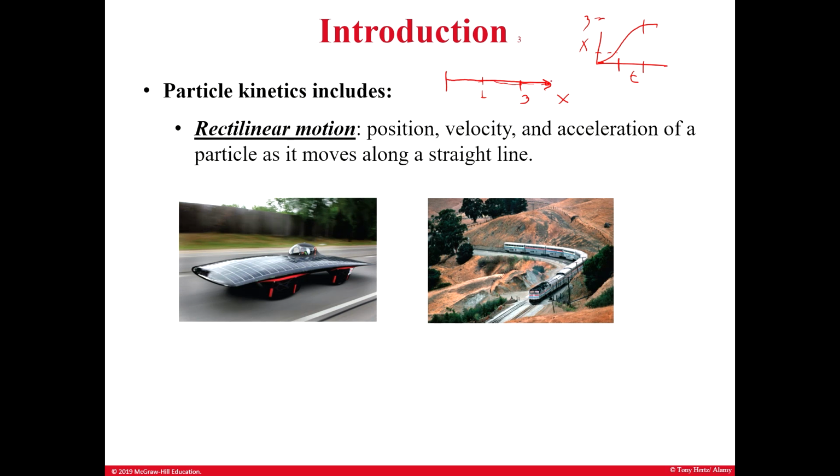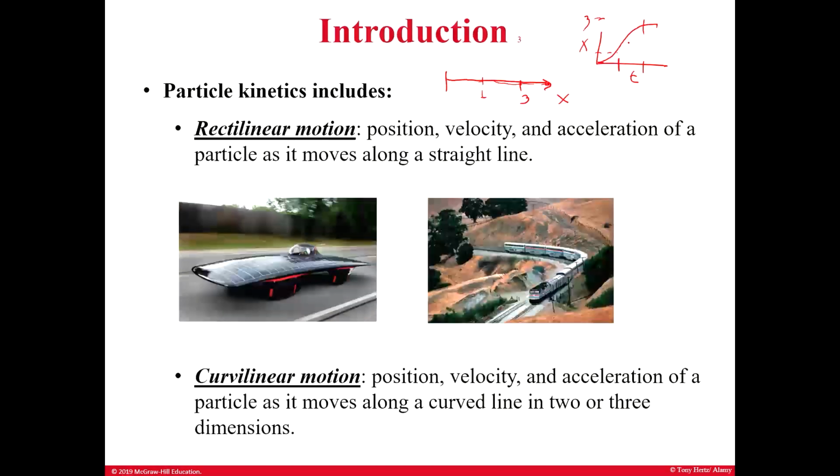So the path is linear, it's a straight line, but the way that happens doesn't have to be a straight line. Okay, and that's the function itself. Versus curvilinear motion, which is motion where the position, velocity, and acceleration of the particle are moving along a curved line. Okay, so rectilinear versus curvilinear. It's pretty straightforward.